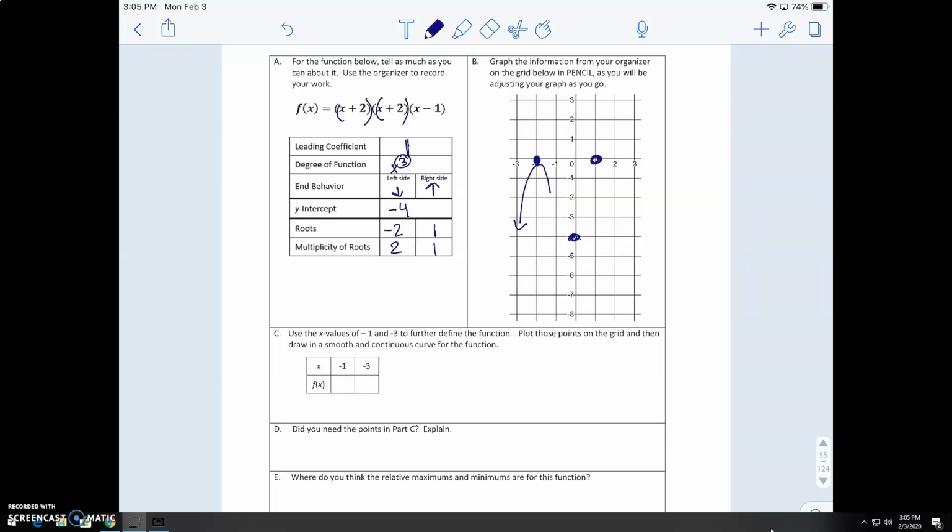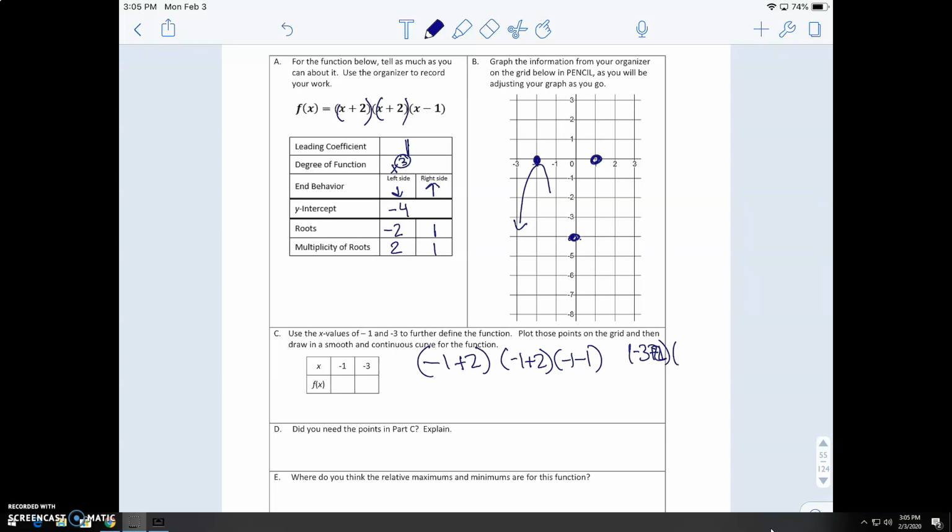So then it asks me to go and check -1. So at -1, I'm going to plug that in. And you'll go get an answer for that. Then I'll do it with -3. At -3, I'll plug that in.